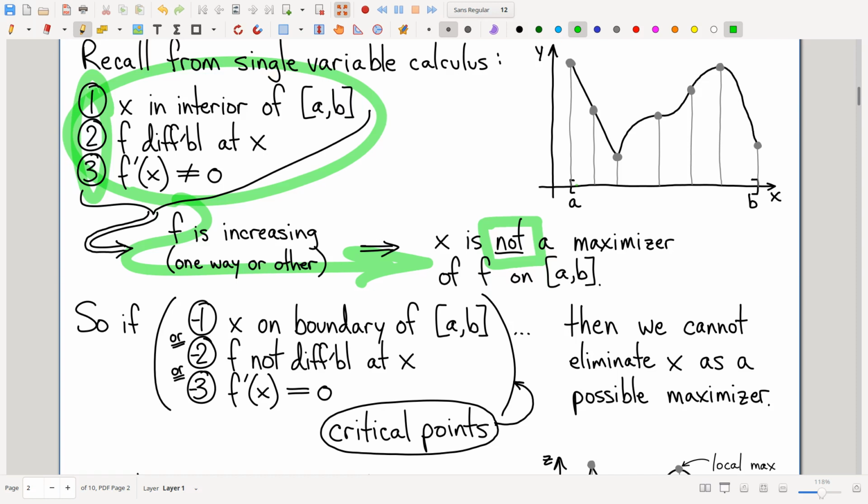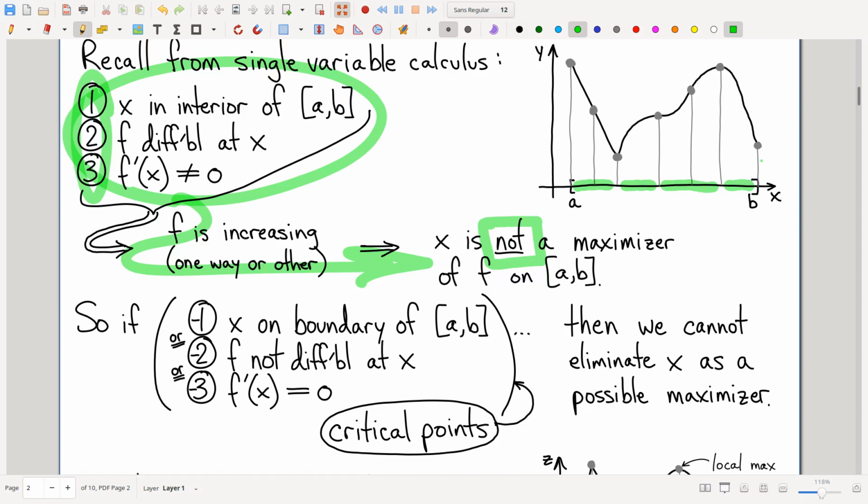So let me just highlight to be clear, all of these points, all of those points, all of those points, and all of these points. At all those points, all three of those conditions are satisfied. We know something, namely that these are not the points we're looking for.